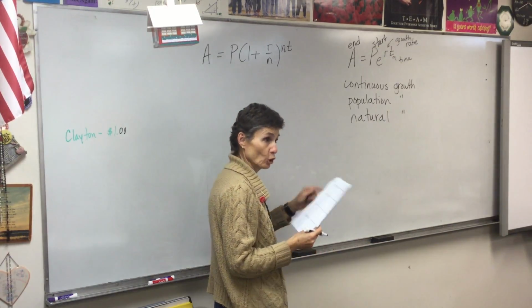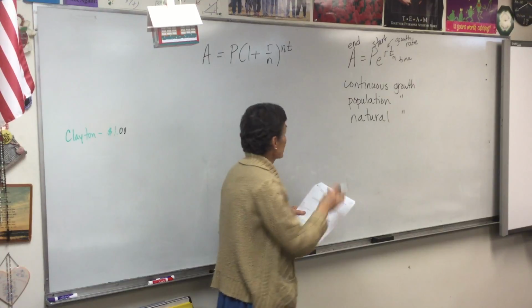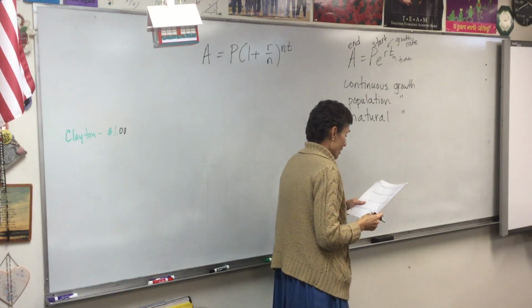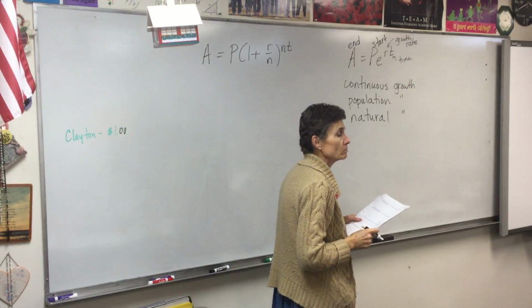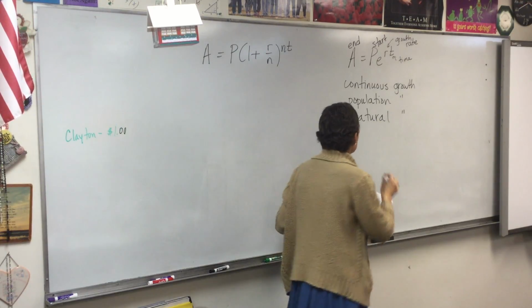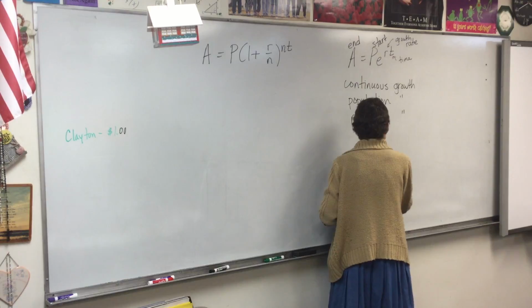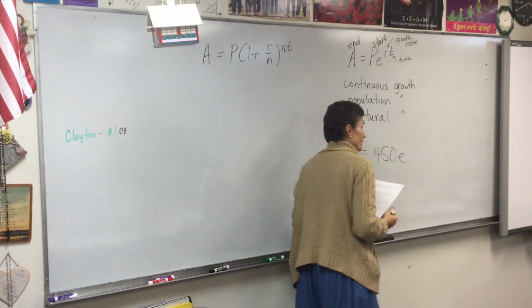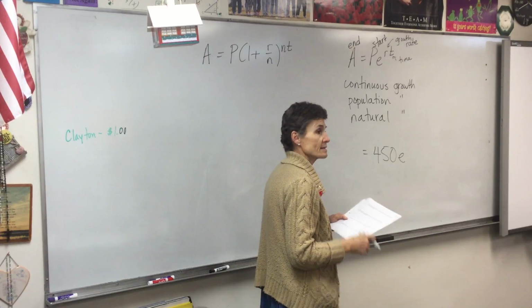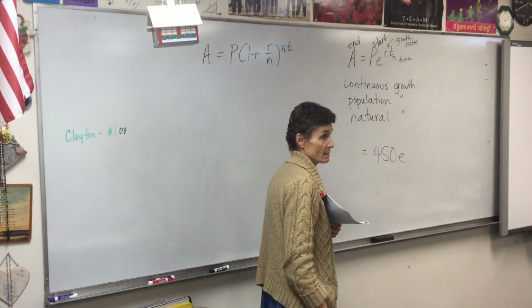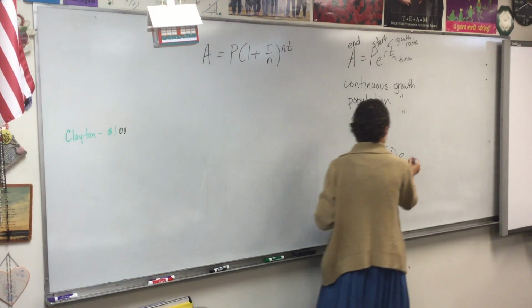Okay, so let's look at what we've been given in number 3 and let's plug in stuff. Where do you think the 450 is going to go? P. That's P. That's what I'm starting with. So this is going to be 450. There's my E right next to it. Their growth constant is 0.123. So that's the rate.